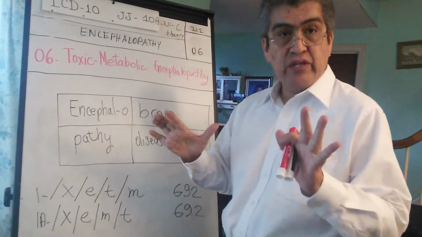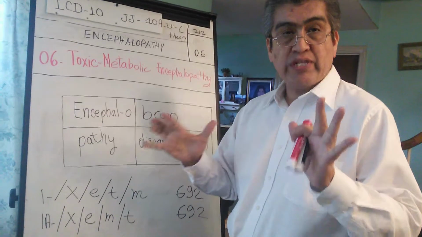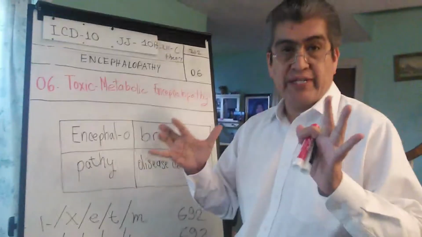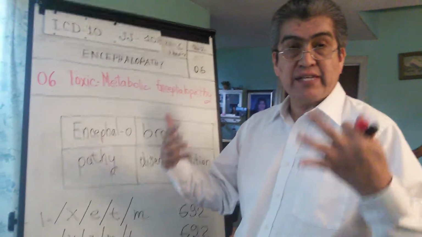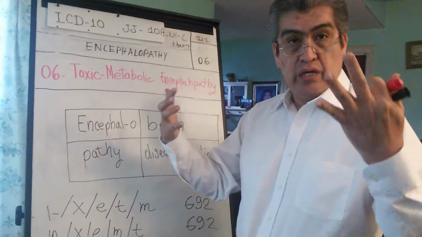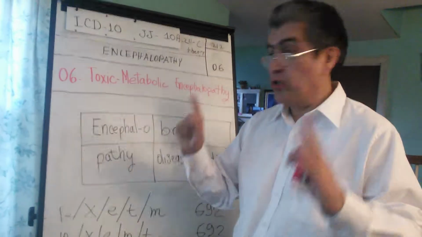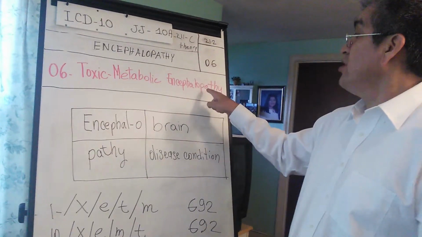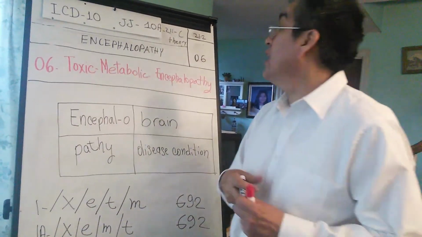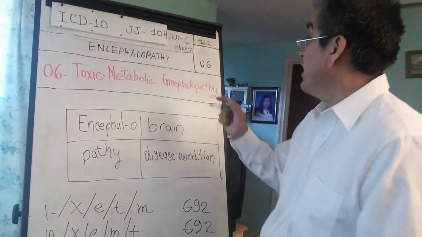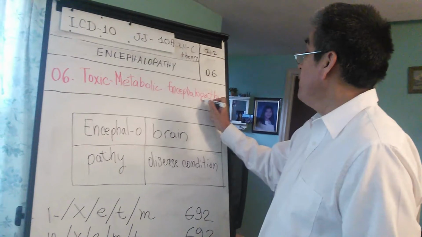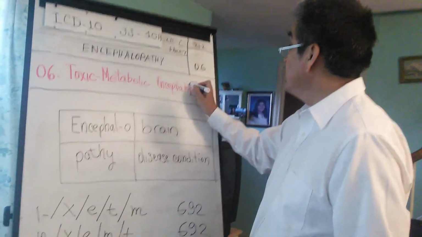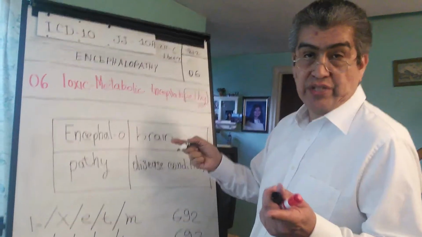The first thing you have to find is which one is the main term or the disease. It's a diagnosis, so it's a disease, something that goes wrong with the body of the patient. So after examining the terms, and with a little terminology, as we explained yesterday, you find that pathy means disease condition.